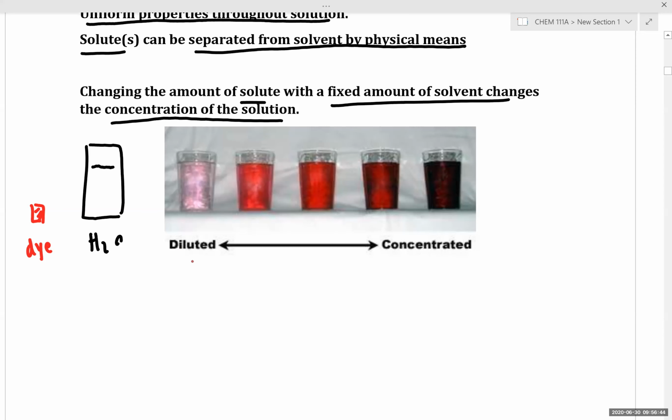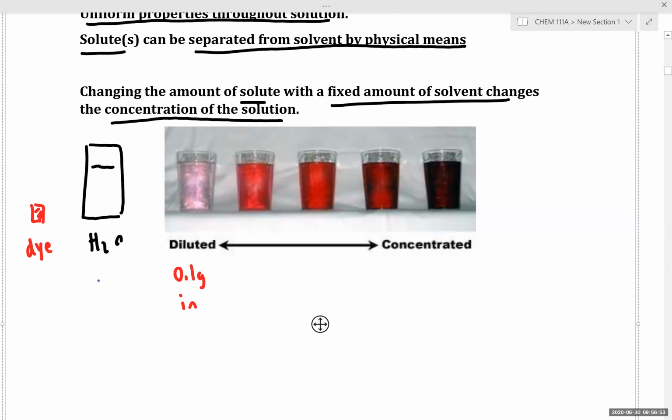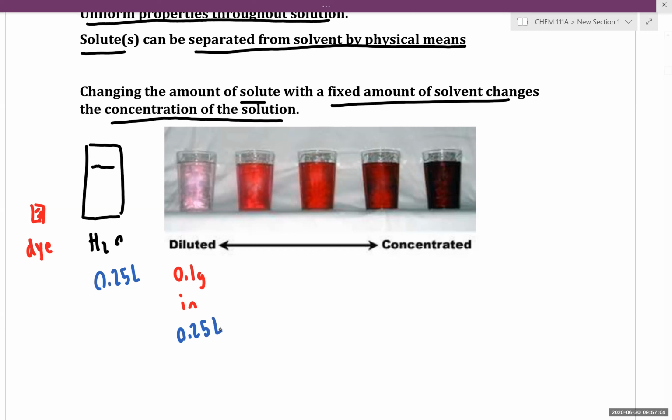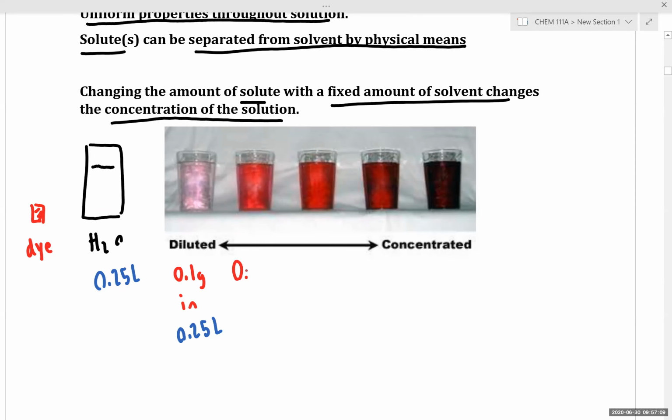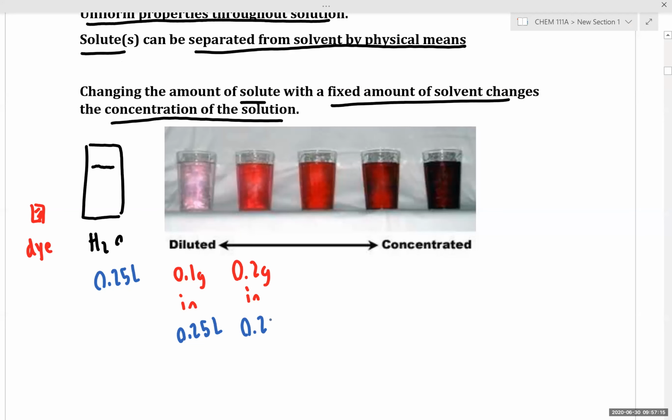Let's suppose in this first example, we add 0.1 grams of dye. And then in terms of our solvent, let's keep this a fixed 0.25 liters, just to show. Now, if we increase the amount of solute that we add, let's suppose we add 0.2 grams in the same volume of solvent.